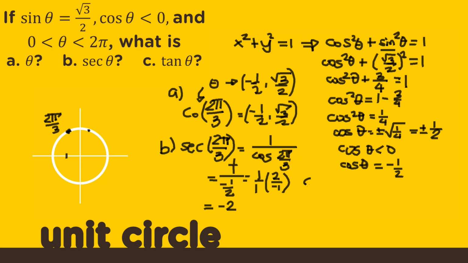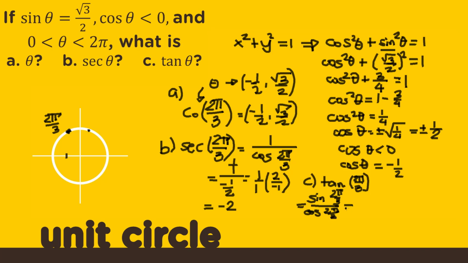And let's have the last one. Hopefully I have enough spaces here because that's tangent theta. We know that tangent theta is the ratio of sine over cosine, or let's specify the theta here because we're already sure about what the theta is. So 2 pi over 3. This is a combination of sine 2 pi over 3 over cosine 2 pi over 3.